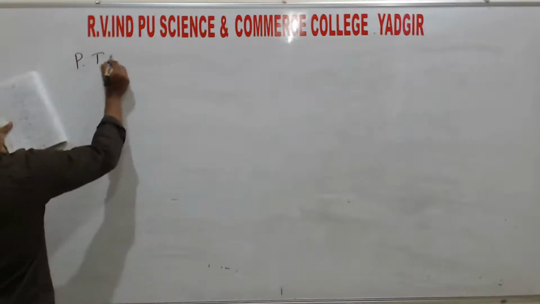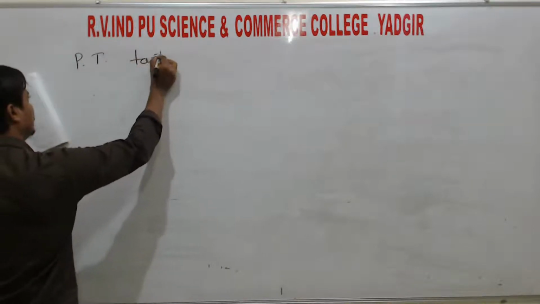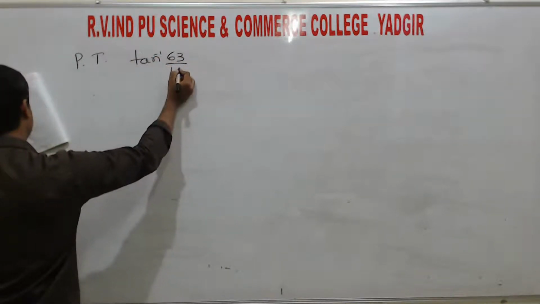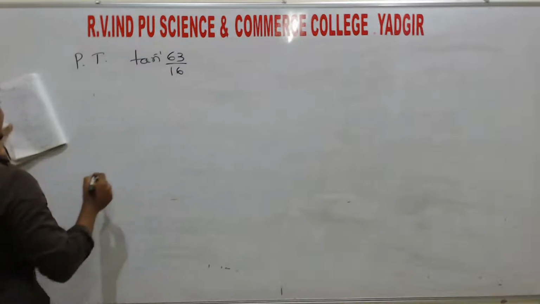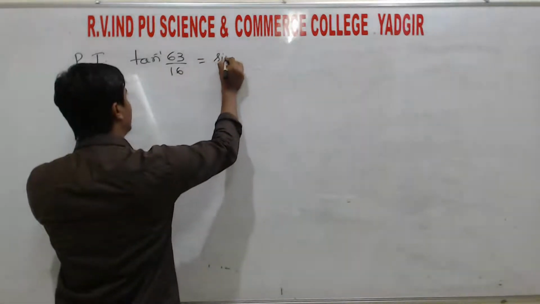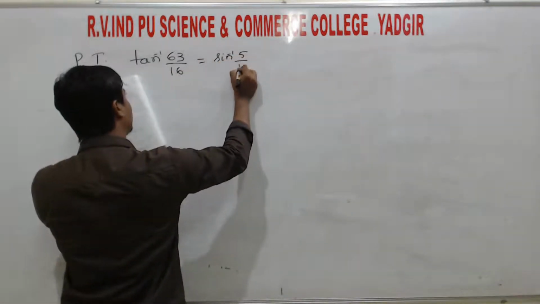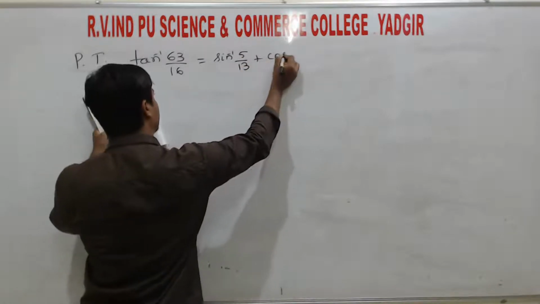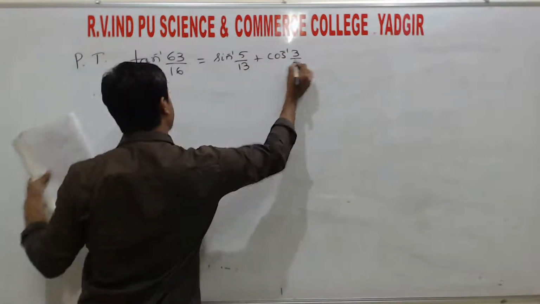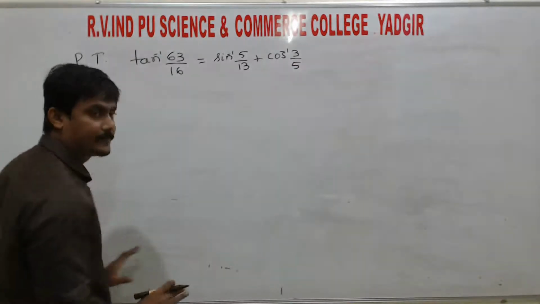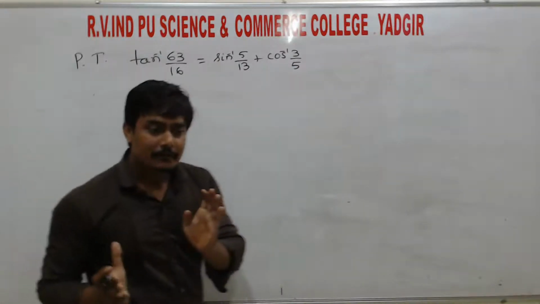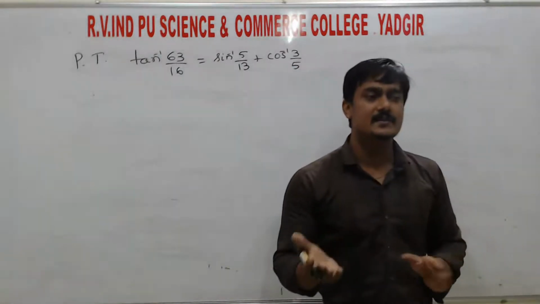Prove that tan inverse 63 by 16 is equal to sine inverse 5 by 13 plus cos inverse 3 by 5. This is the question. Right? Shall I go from LHS to RHS or RHS to LHS?